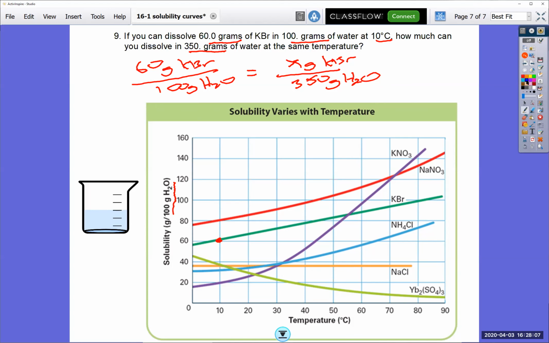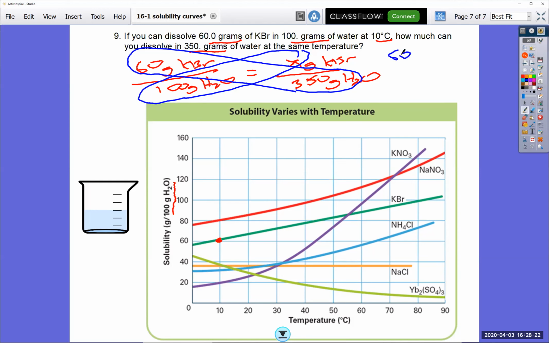Now I'm going to do a little cross multiplying here to solve this. 60 times 350 equals 100x. So I hope I have enough board space left.